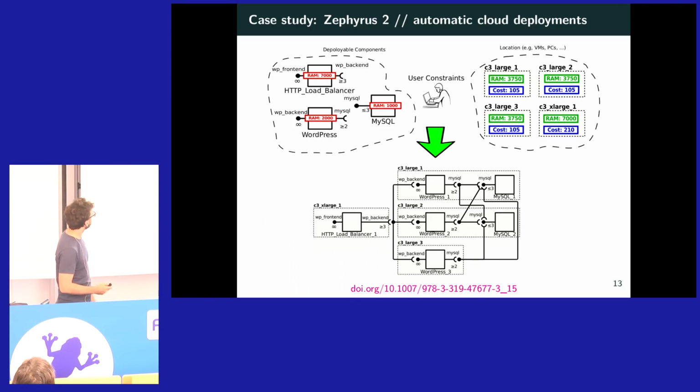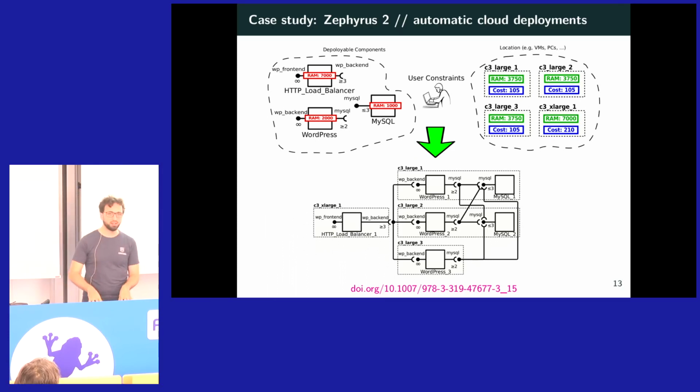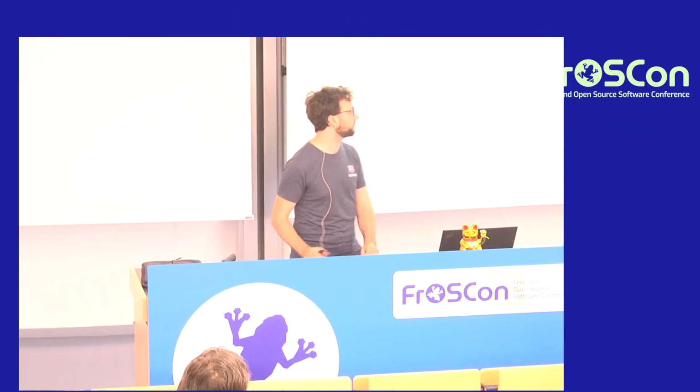And then you have the question, okay, which virtual machines do I need, which is still cost effective? I mean, you can always just buy the very large virtual machines, but it's probably wasting money. But you also have to figure out how many database backends I actually need to serve so many requests in the front end.